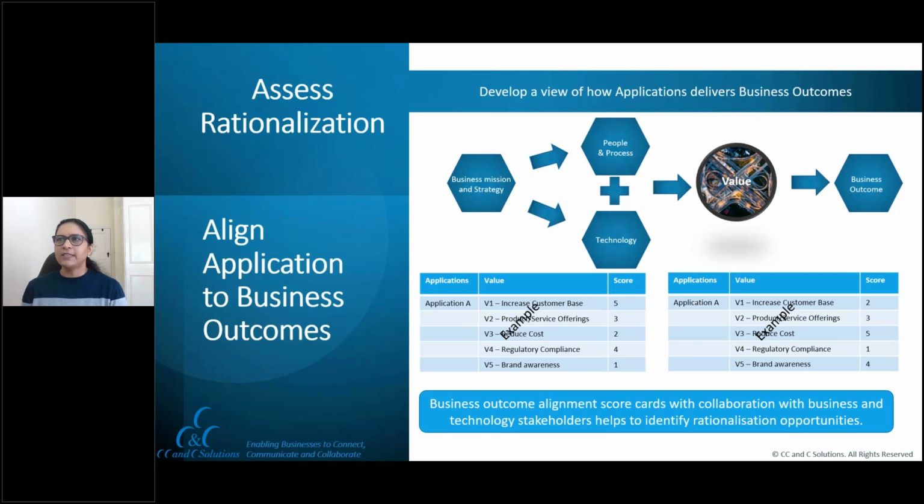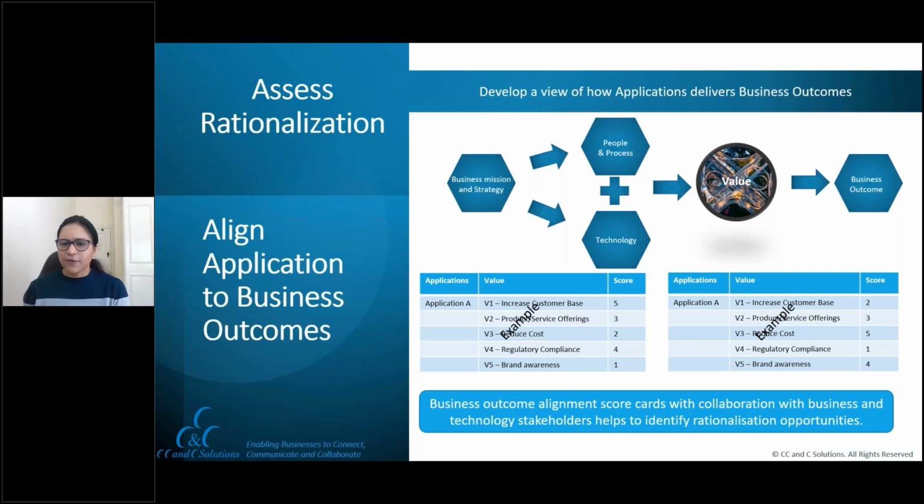It's talking about the fact that any time a business is looking at its mission and strategy, that eventually gets translated into the people and process that is delivering that strategy, and also the technology. And that's what's driving the outcome for the business. So we cover this in the scorecard, which could be aligned to what value the business is trying to deliver.